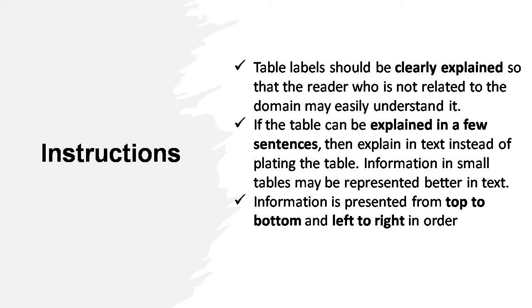In a table, information is always presented from left to right and top to bottom. So your data flow will be from left to right and top to bottom. If you have presented some data in a table, you shouldn't replicate the same data in a figure.